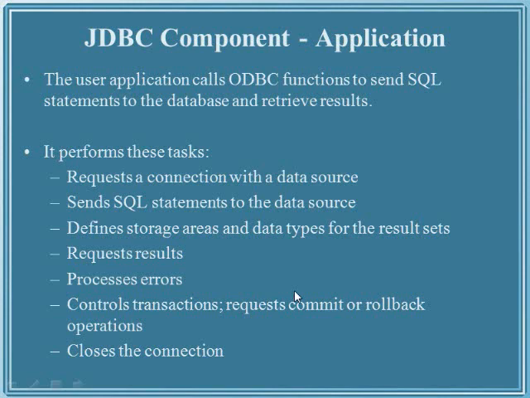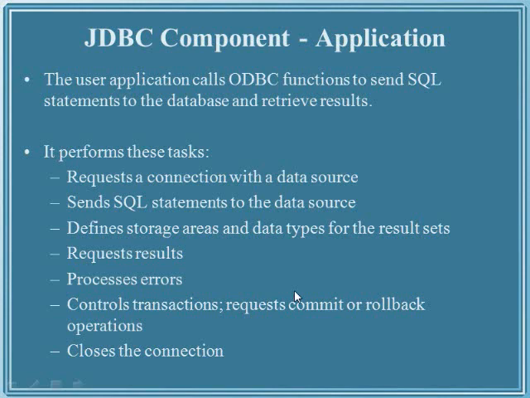Okay, let's come to the first one, that is the application component. What is it? When we say application, you know very well, it's the application that you are writing. Your front end or the application that you are developing is one of the components. The application is the one that calls the Jdbc methods. It's the one that requests the calls.